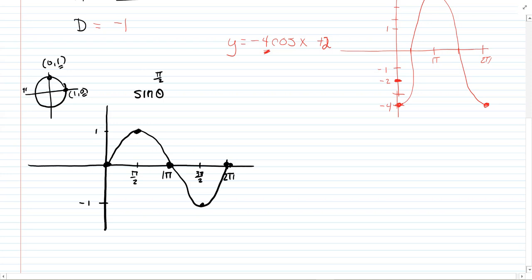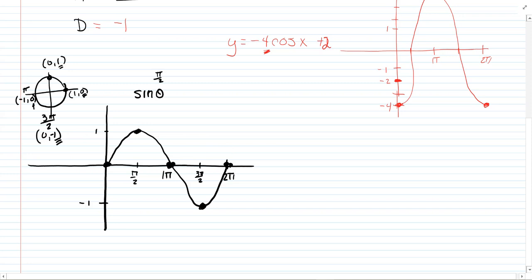At pi, this is the point negative 1, 0, and again the sine value is 0. And then 3 pi over 2 is down here, and that's the point 0, negative 1. So the y value here is negative 1, and then back to 2 pi, your y value is 0. So that's how we get those points.